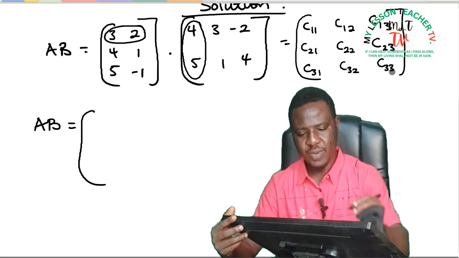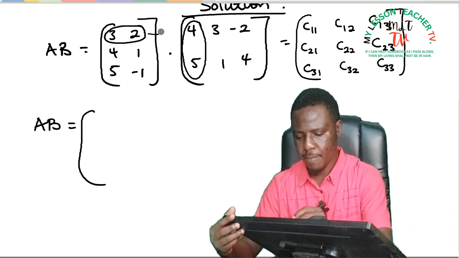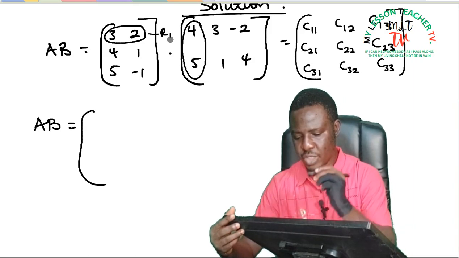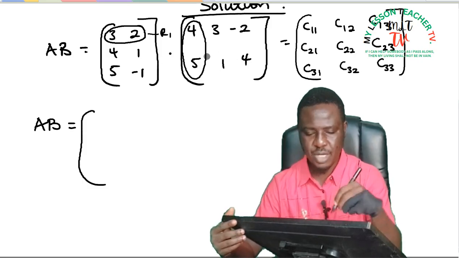So we are looking at a 3 by 3 matrix because we have 3 rows in matrix A as well as 3 columns in matrix B.